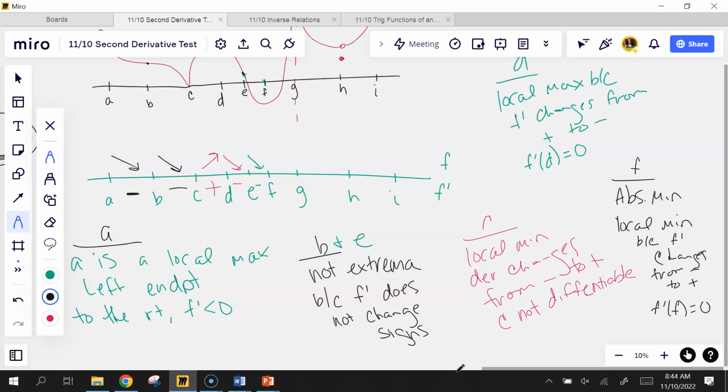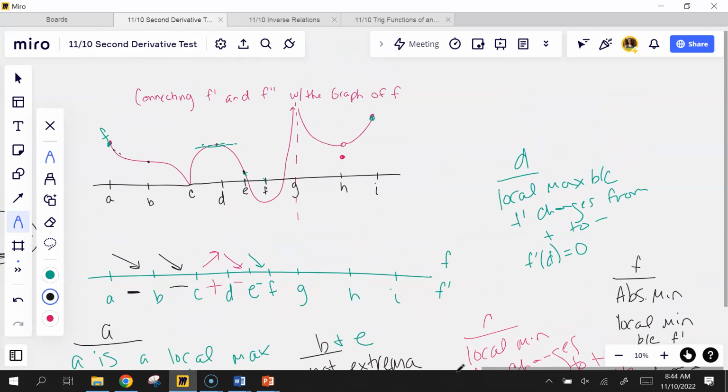How about H? Oh, shame. G, how about G? G is a vertical asymptote. What does it tell me about the derivative? Anything? It's not continuous there.